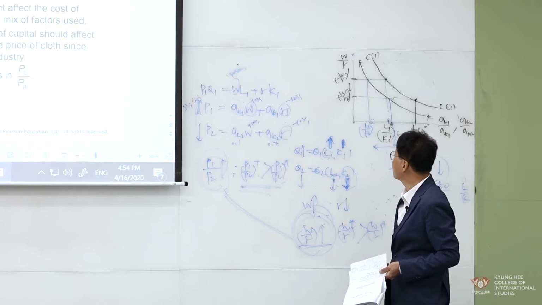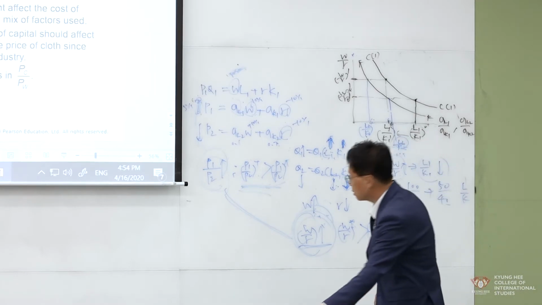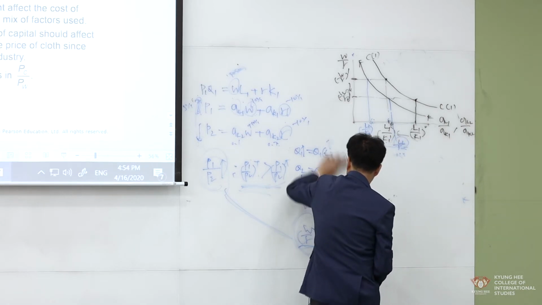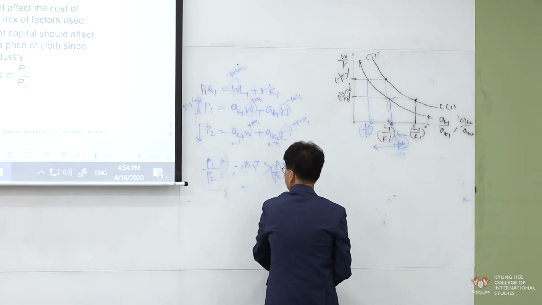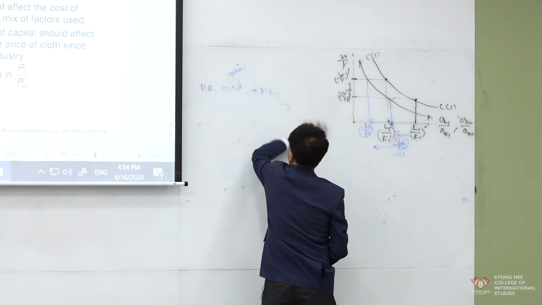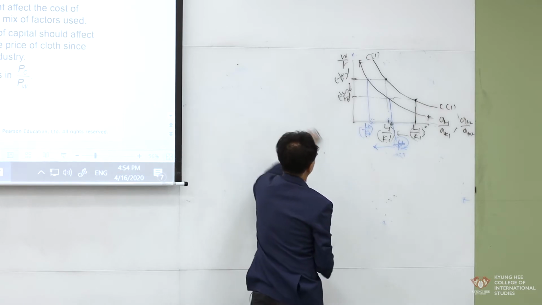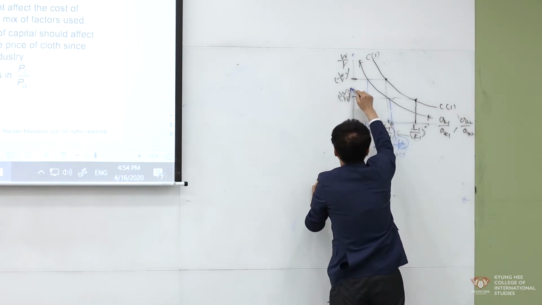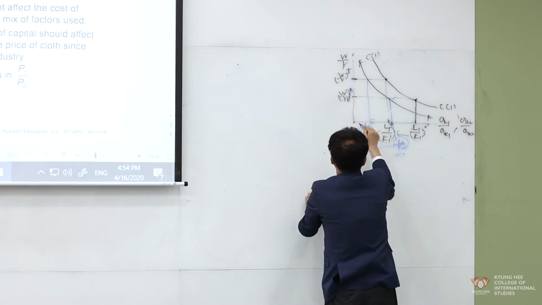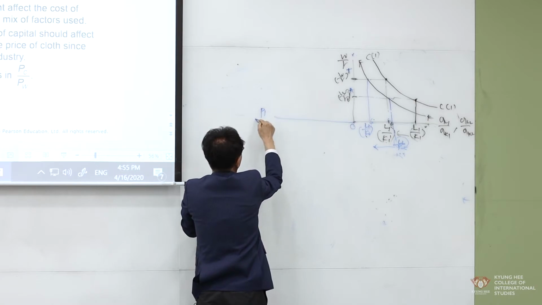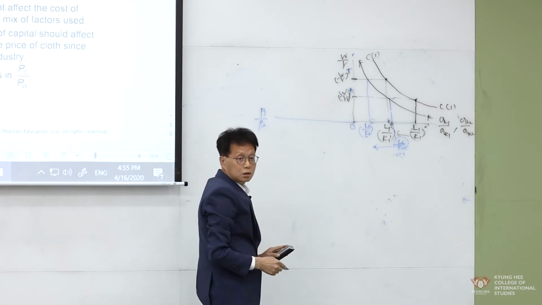Can you understand? So graphically, this one is like this. Now, that is A, that is T. And the Y variable is P1 over P2. Right?